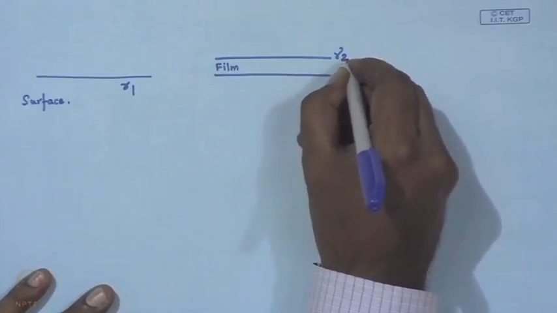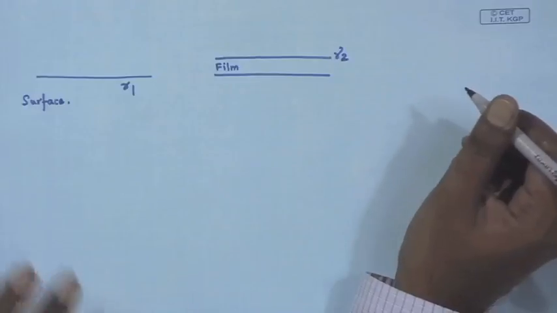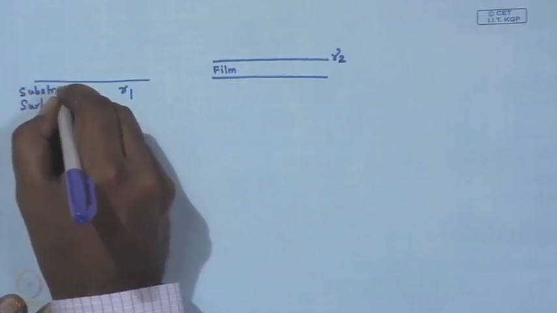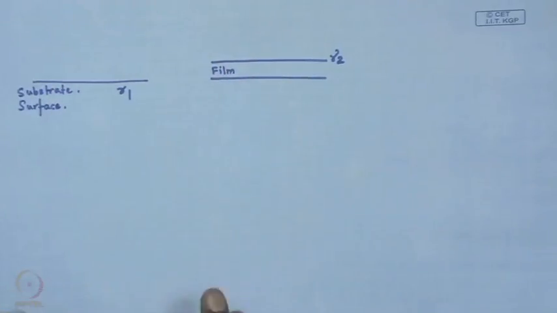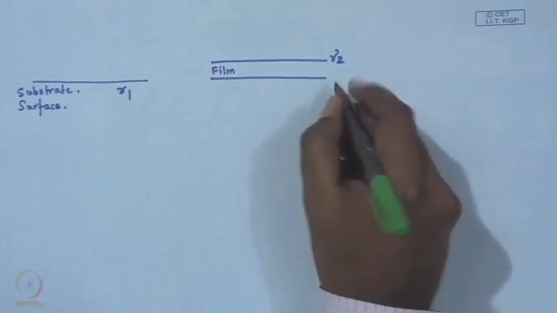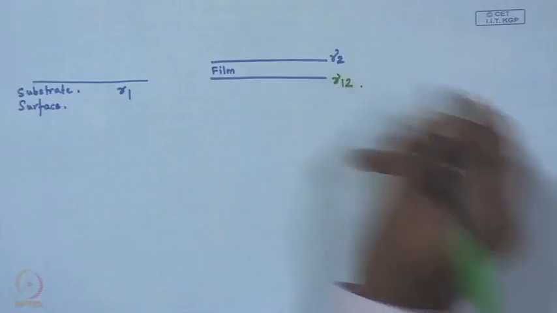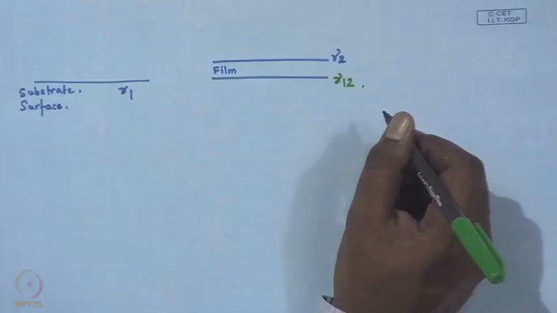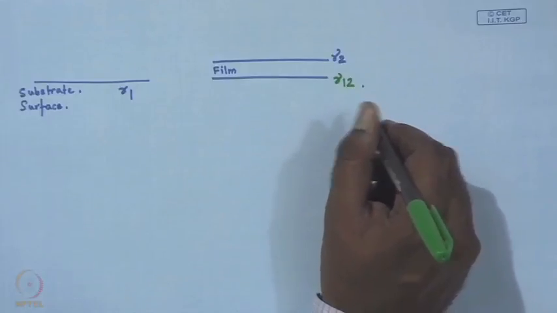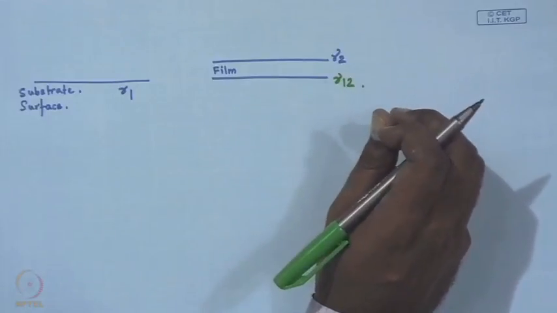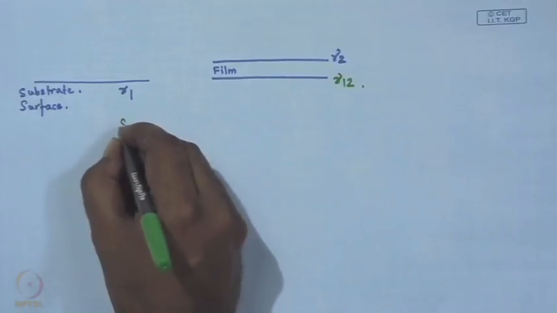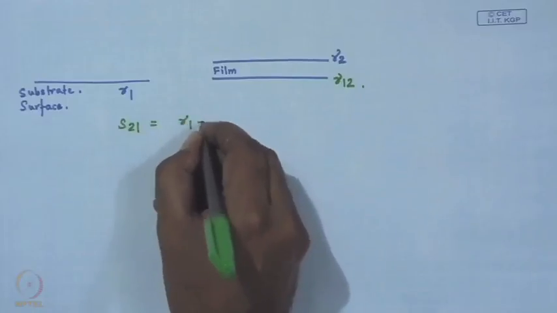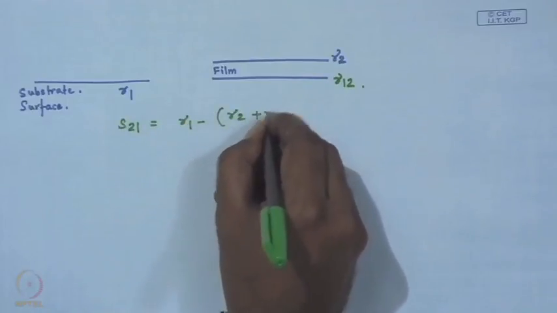This has a surface energy of gamma 2 now, but the substrate surface, which had an energy of gamma 1, now gets replaced with interfacial energy gamma 12. So, the total energy before was gamma 1, while the total energy after coating is gamma 12. Okay. So, the spreading coefficient S21 is defined as the initial energy minus final energy.